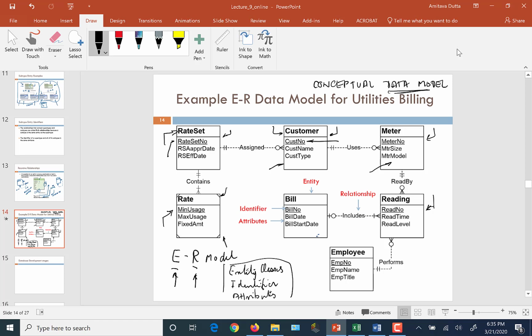If you look at the entity called customer, it has customer number as the identifier, and then you have customer name and customer type. If you look at the entity called reading, the identifier is reading number, and then you have the reading time, what time the meter was read, and the reading level, what the actual value of the meter reading was. So every entity must have attributes as well.